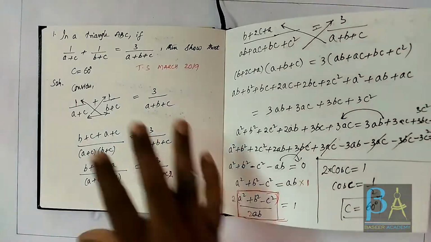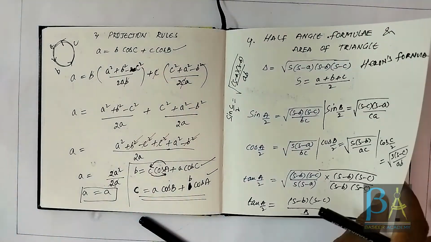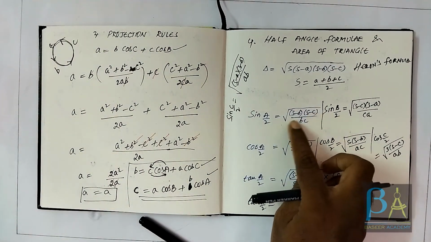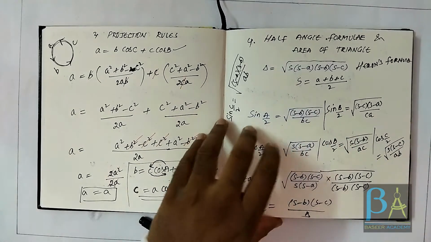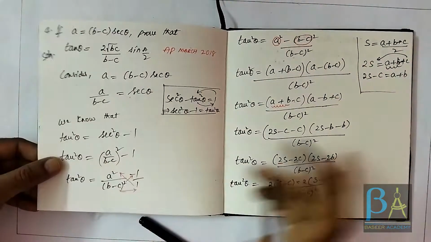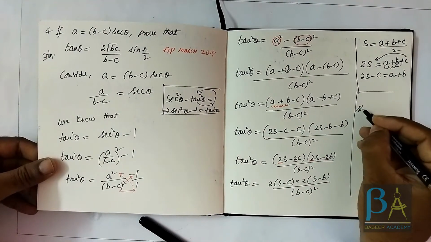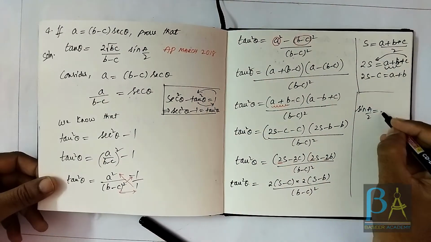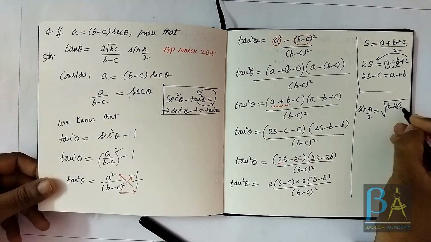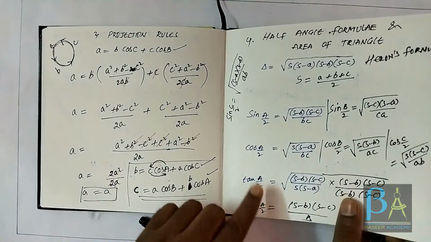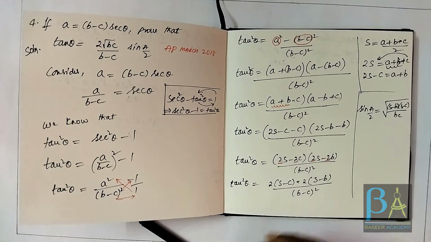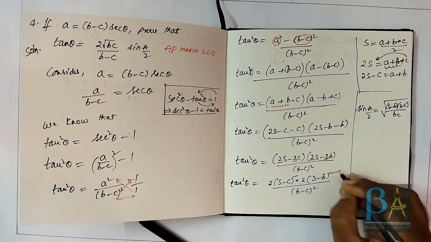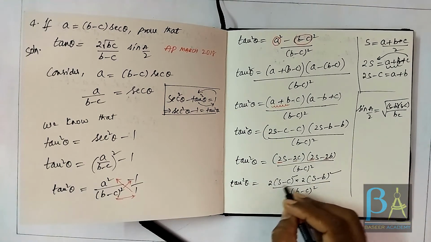We went through the half angle formulae earlier, and we saw that sine a by 2 should be square root of s minus c by bc, isn't it? Now I have s minus b here, and then I have s minus c here.